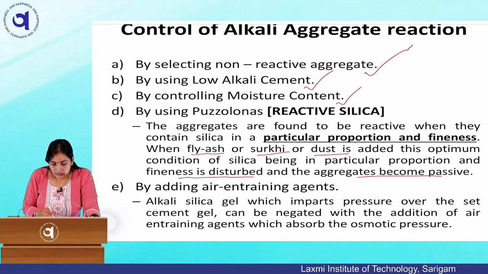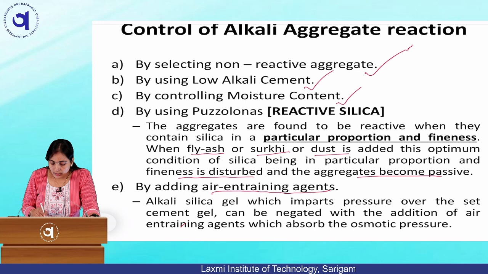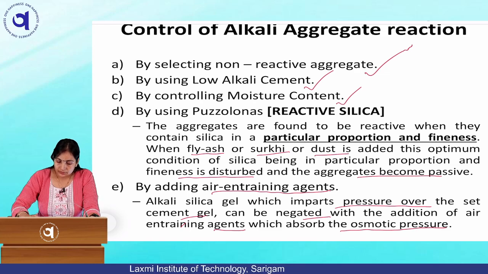And by adding air entraining agent, which is one of the plasticizers, we can also avoid this alkali aggregate reaction. This alkali silica gel imparts pressure over the set cement gel, and this can be negated with the addition of air entraining agent, which absorbs the osmotic pressure.